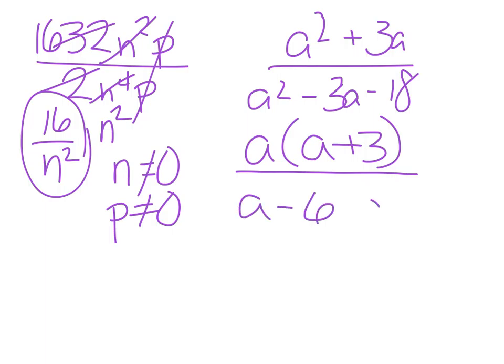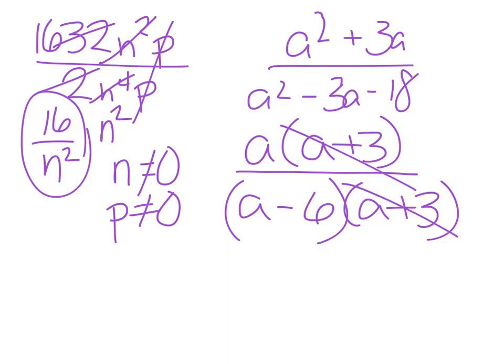A minus 6, a plus 3. And I had to make the 6 the negative, the bigger number, because it's negative 3 in the middle. That also is nice because now you end up canceling these out, and you have a over a minus 6, which to me says the excluded value is 6. A cannot equal 6.